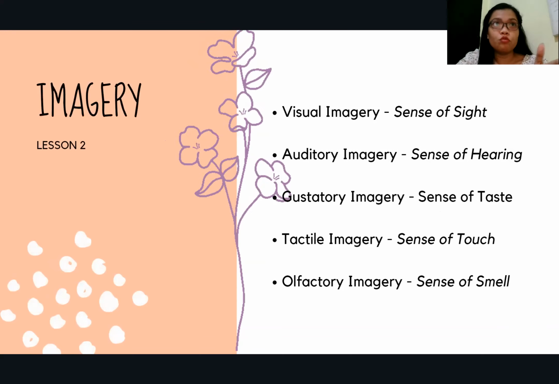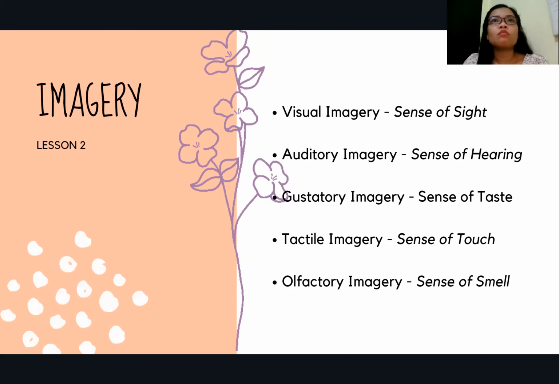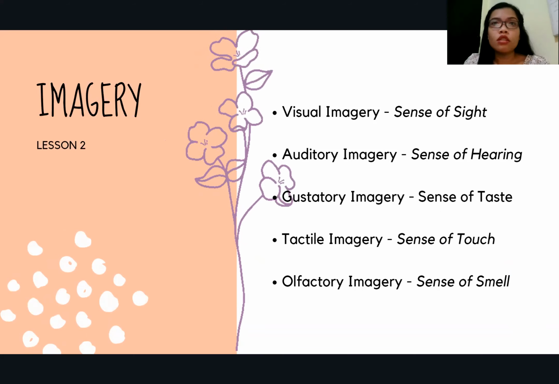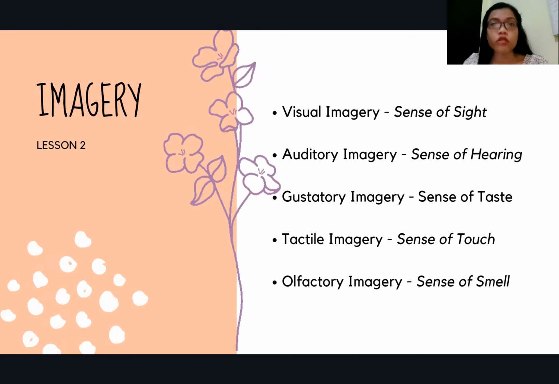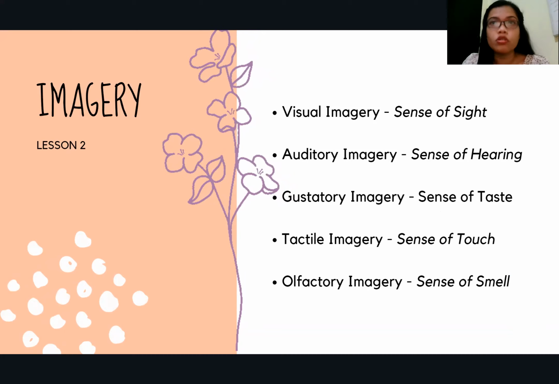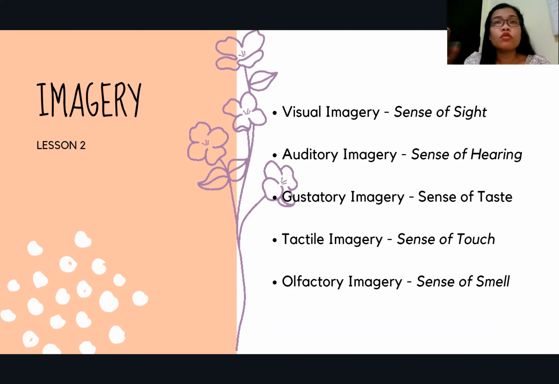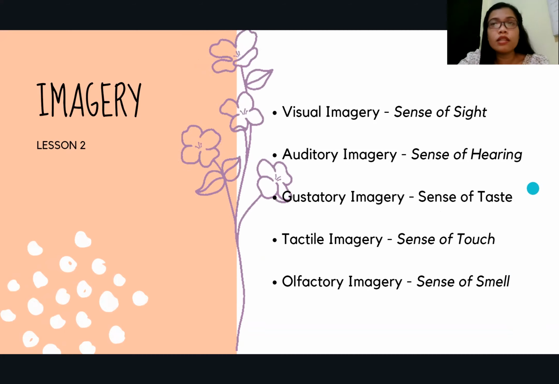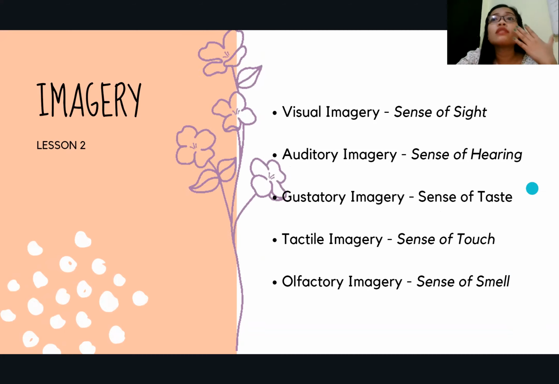First, let's go to the second lesson, the imagery. So we have the 5 types of imagery: the visual imagery, auditory imagery, gustatory imagery, tactile, and the olfactory imagery. So you have there the description: the sense of sight, hearing, taste, touch, smell.